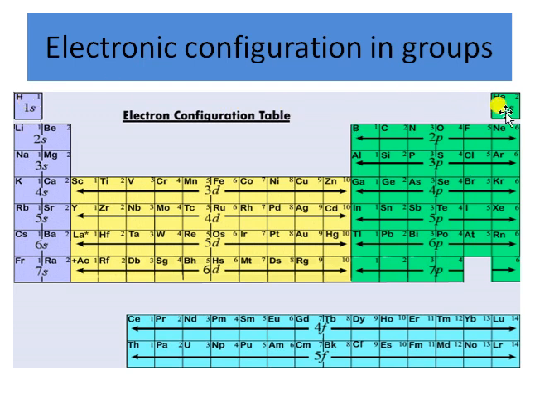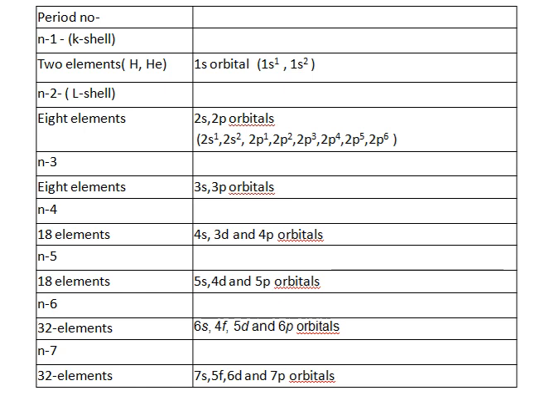So it is called the K shell. The electronic configuration for the first period, that is n is 1, and for the first orbital, that is s, the electronic configuration for hydrogen is 1s1 and for helium is 1s2.